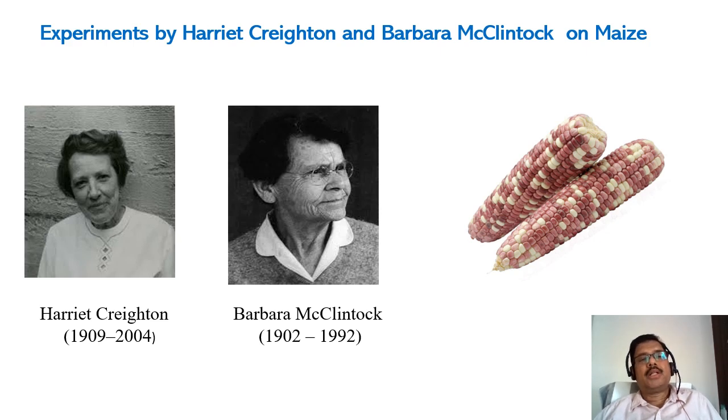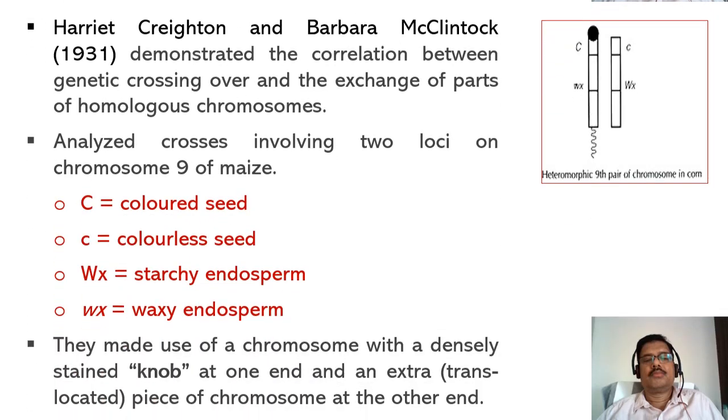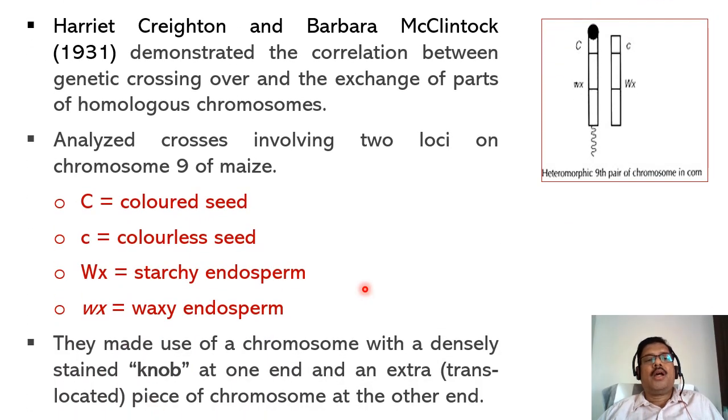Another experiment was conducted on maize by Harriet Creighton and Barbara McClintock. In 1931 they demonstrated the correlation between genetic crossing over and the exchange of parts of homologous chromosomes.